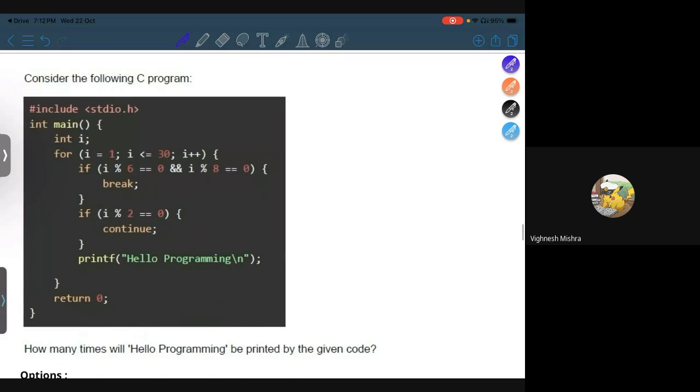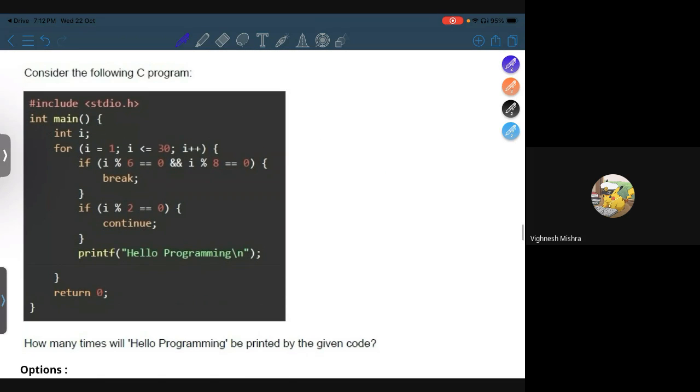Good enough. Then how many times will the hello programming be printed? It will start at i equal to 1. So i is 1, and it is less than 30.